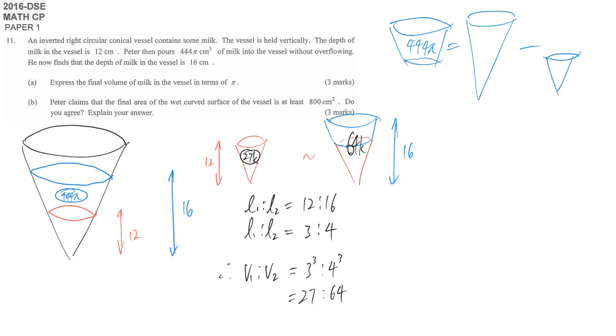We already let the large cone be 64K cm cube and the small cone be 27K cm cube. So by doing this, we can build up equations with K as the unknown. Then we can sort out how large each unit is. So 444 pi is equal to 64K minus 27K.